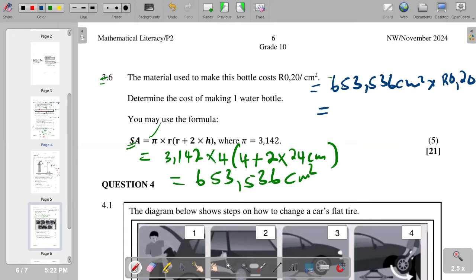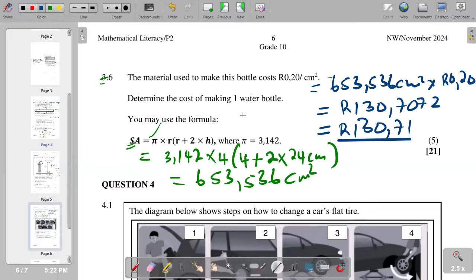So we calculate it and see what we get. You are going to get your amount as 130.7072, which at 2 decimal places becomes 130 rand 71 cents. So this becomes our final answer. So that is the cost of making one water bottle.